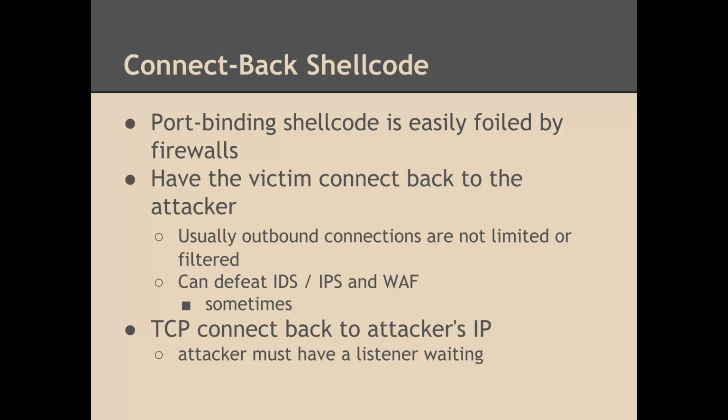There's an asymmetric advantage here. The attacker can never disclose his actual identity or location, despite the fact you're having the victim connect back to the attacker. Nonetheless, well, I'll save the rest of that story for a later lecture.